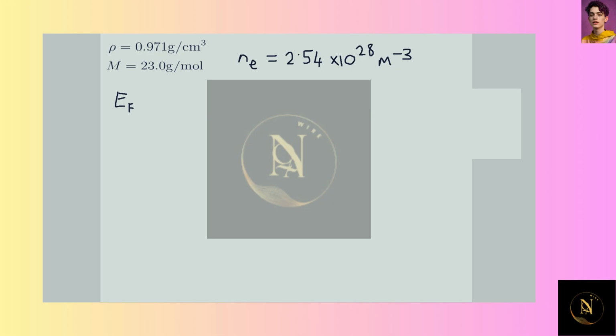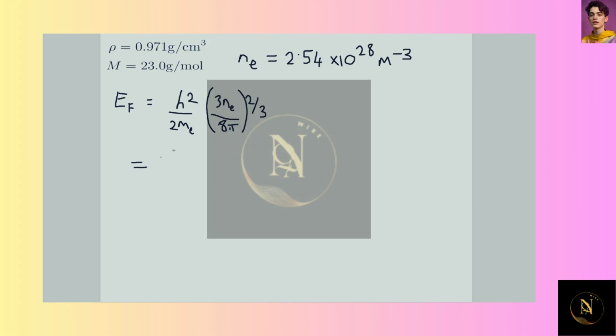According to the free electron theory of metals, and I'm not going to go into the derivation here because the question simply wants us to use this relationship, our Fermi energy is given by h bar squared over 2 times the mass of the electron, m_e, multiplied by 3 times our charge carrier density that we worked out in the previous question, n_e, over 8 pi, all to the power of 2/3, making sure that we square our h bar there.